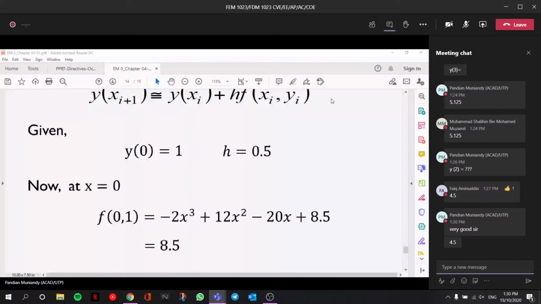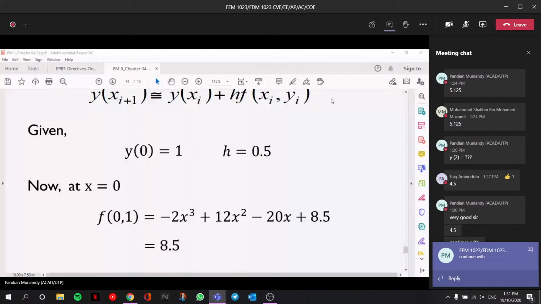So you do it for 2.5, 3, 3.5 and 4. So 1, 2, 3, 4, 5, 6, 7, 8 iterations. So you continue as homework. So now you don't give up. Continue at home.